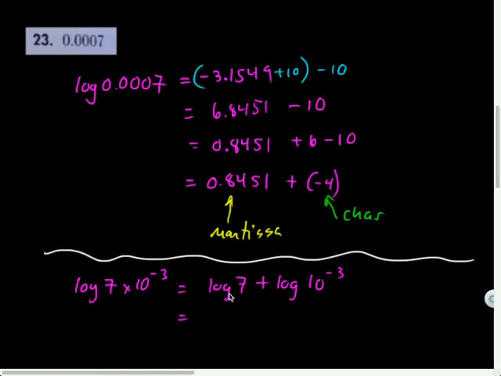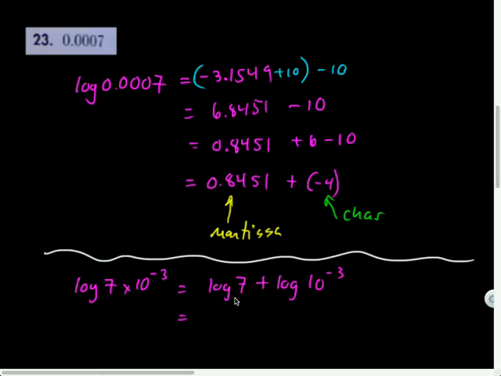Log of 7, question: is log 7 going to be bigger than 1 or less than 1? What does log 7 ask us? 10 to what power is 7? 10 to the first power would be 10. So it's got to be 10 to some number less than 1 in order for it to be 7.